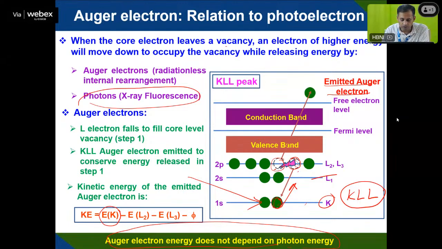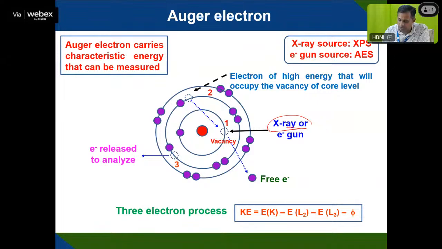So if you see the Auger electron process, I told you it's a 3-electron process. You can use an X-ray in case of XPS, or an electron in case of AES, Auger electron spectroscopy. One X-ray or electron comes in, so this electron comes out as a free electron, and vacancy 1 is now created. To fulfill this, electron 2, an electron of higher energy, will jump to occupy vacancy 1.